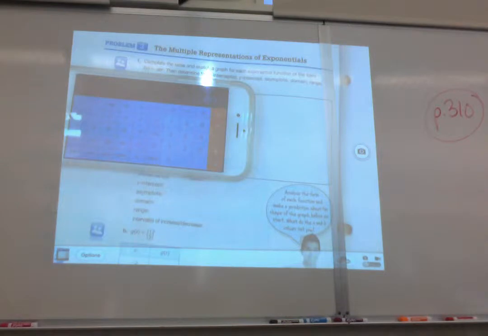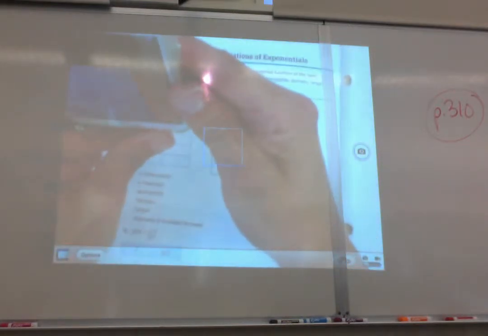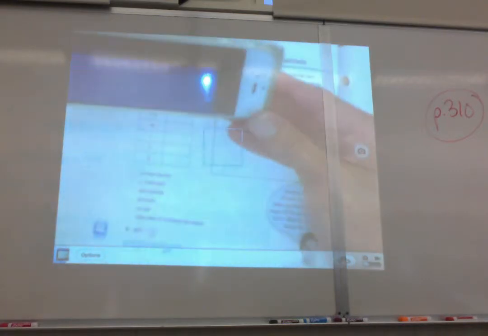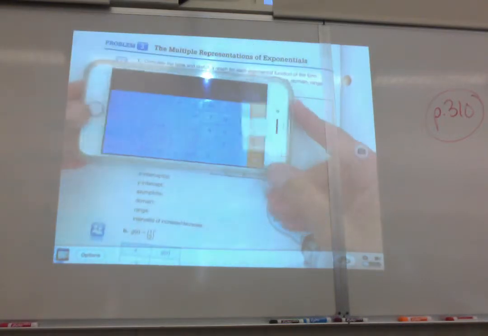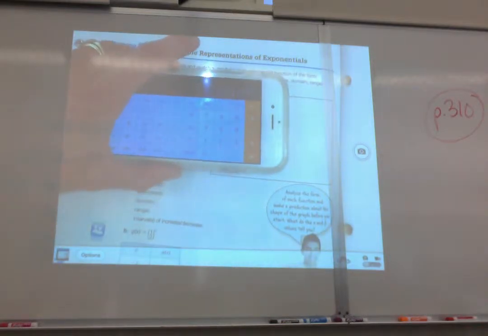So your simple calculator on your phone, when you turn it sideways, goes into a little bit more tricked up version. And so that might be what you're able to use at home to do some of these. Okay?